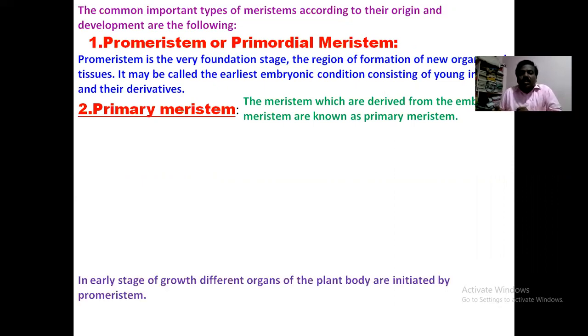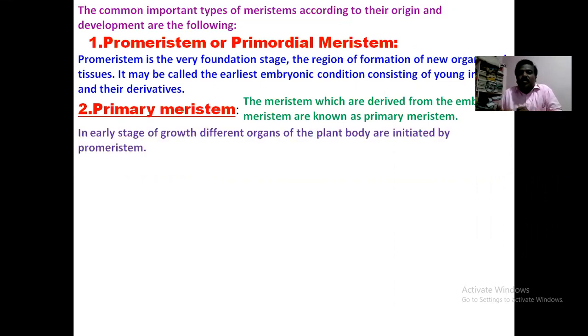At an early stage of growth, the different organs of the plant body are initiated by promeristem.